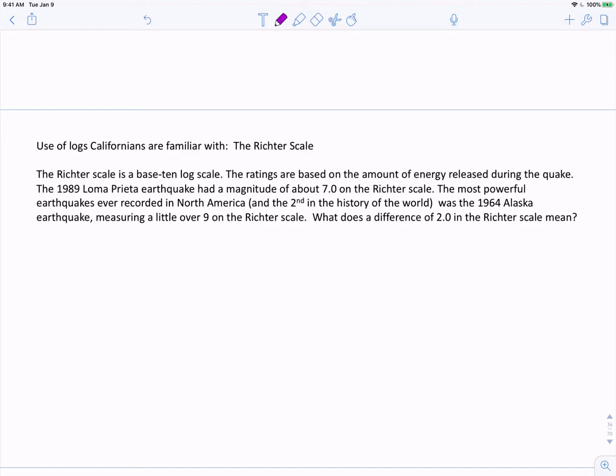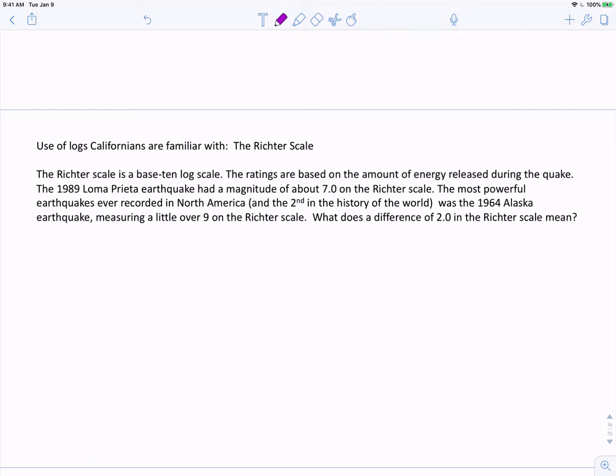The Richter scale is a base 10 log scale that measures the magnitude or the power of an earthquake. The ratings are based on the amount of energy released during the earthquake. In 1989, the Loma Prieta earthquake had a magnitude of about 7 on the Richter scale. And the most powerful earthquake ever recorded in North America, and the second most powerful in the history of the world, was the 1964 Alaska earthquake, measuring a little over 9 on the Richter scale.